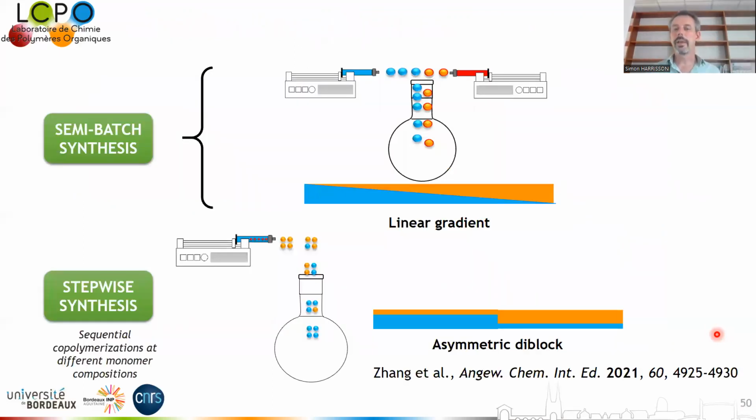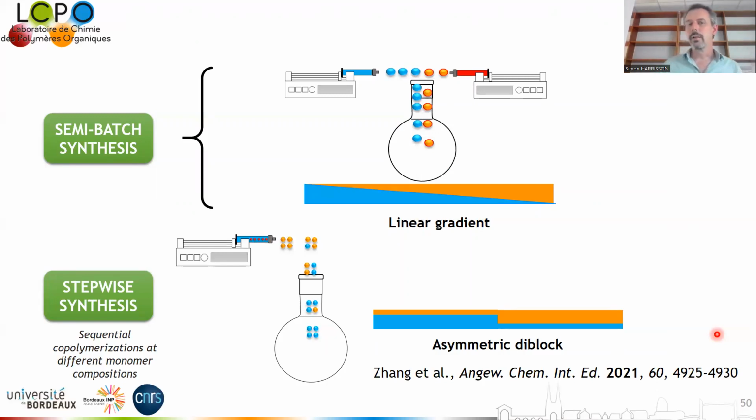And so we set about preparing polymers with a linear gradient first, starting with acrylic acid as a hydrophilic pH-sensitive monomer and butyl acrylate as a hydrophobic monomer.